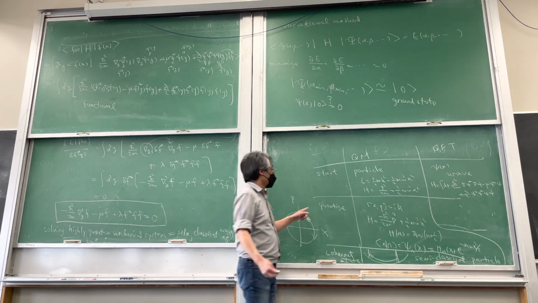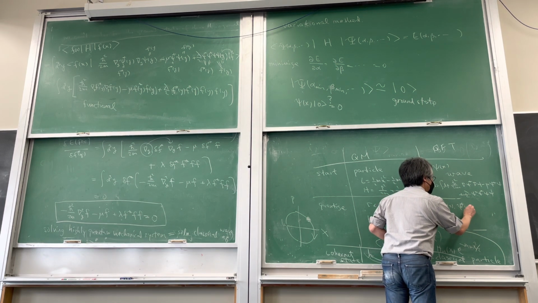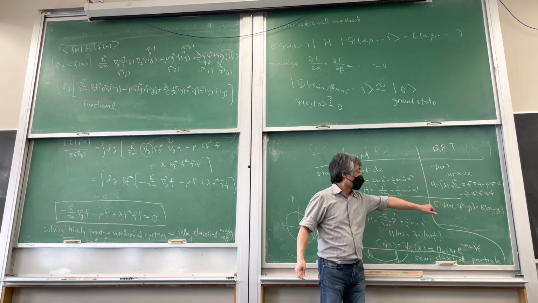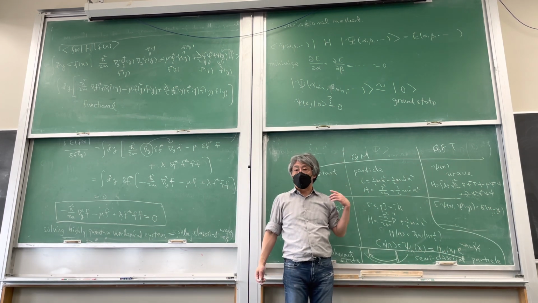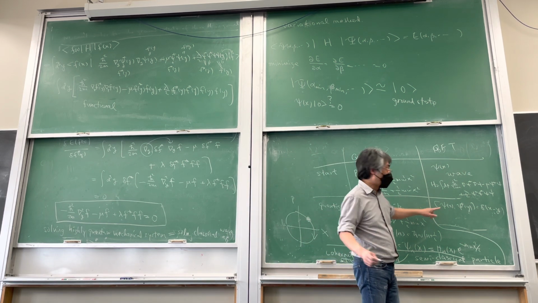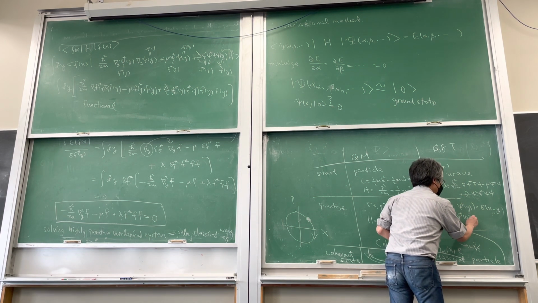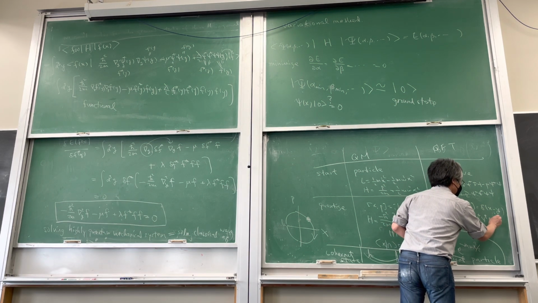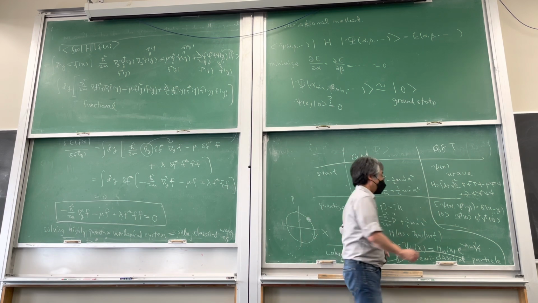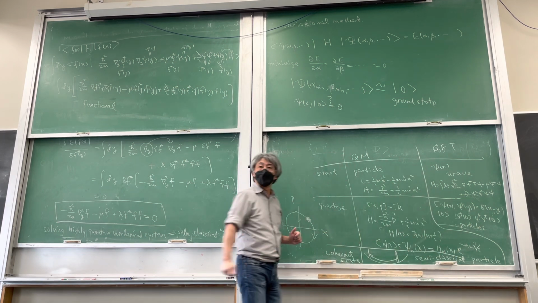And starting with this, you quantize it. And then you understand that this can be interpreted as an annihilation and creation operator. We have been doing this already for 2 weeks by now. And then you know that you have this vacuum state, one particle state, two particle states, and so on and so forth. So by starting with the wave and quantizing it, you got particles out. That's what we did.